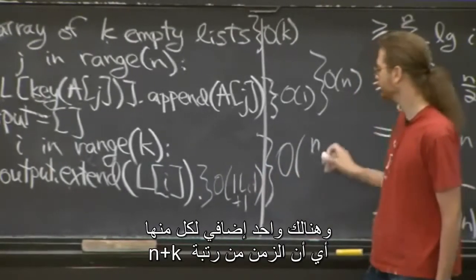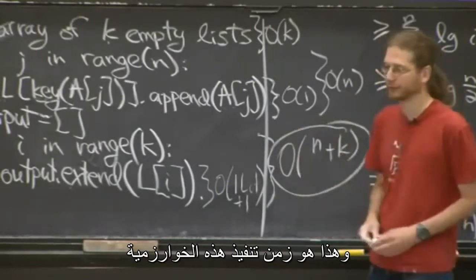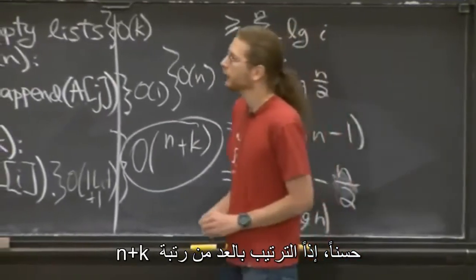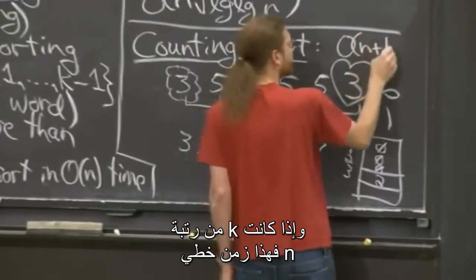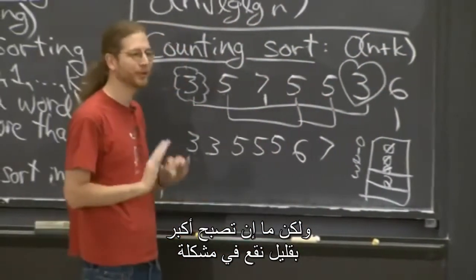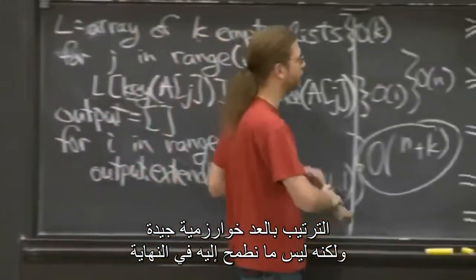And then you get plus 1 for each of them, so you get n plus k. N plus k is the running time of this algorithm. Add those up. OK, so counting sort is order n plus k. So if k happens to be order n, this is linear time. But as soon as it's a little bit bigger, you're in trouble. So counting sort's a good warm-up, but it's not ultimately what we want.